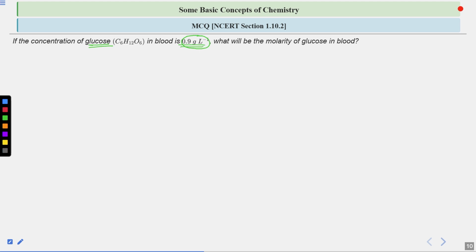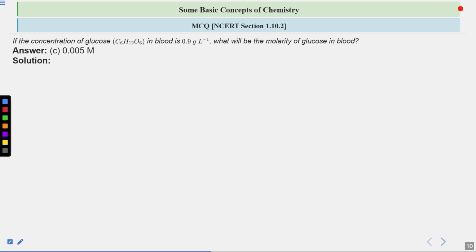To understand this, you have to just understand the unit. Unit is important here. The unit is clearly saying that the amount of glucose which is dissolved in 1 liter of the solution is 0.9 gram. Therefore, it is written as 0.9 gram per liter. Now, if you take this thing, then you will get your answer as 0.005 M, which is option number C.